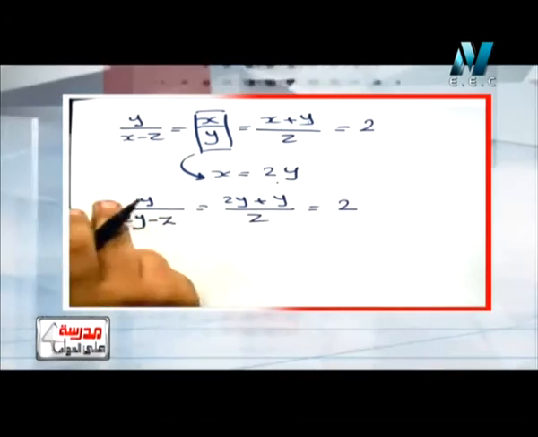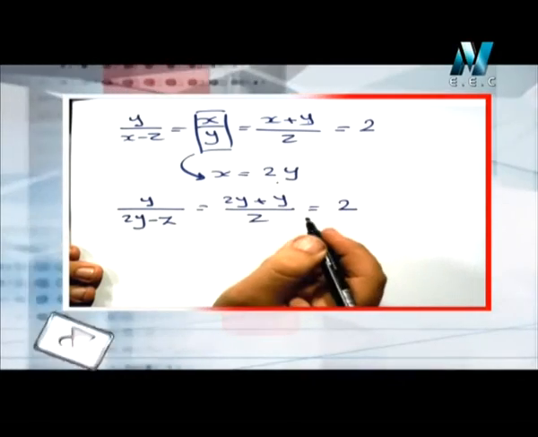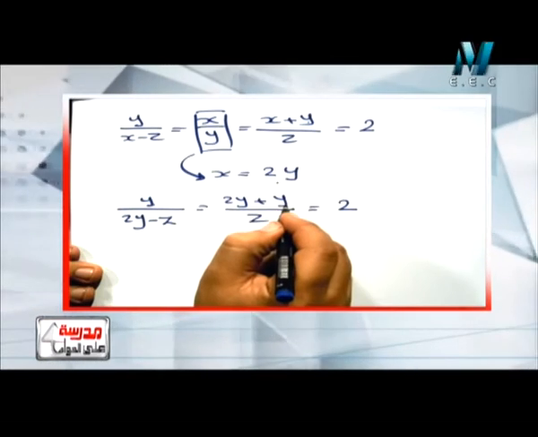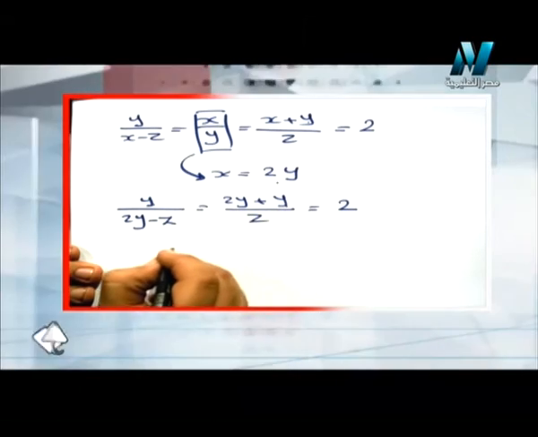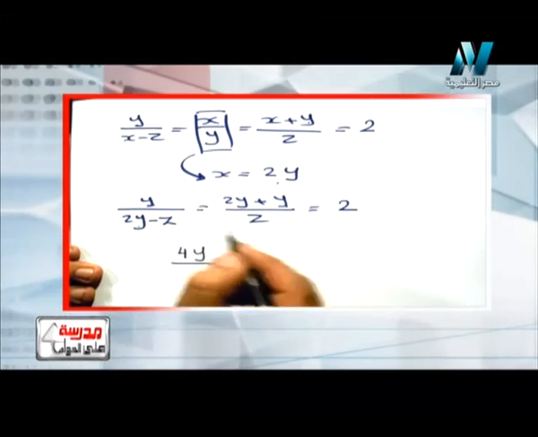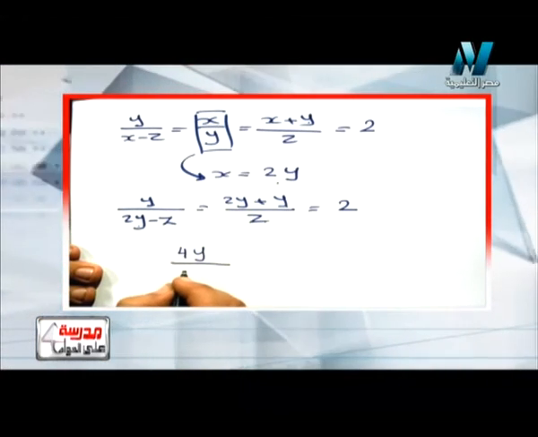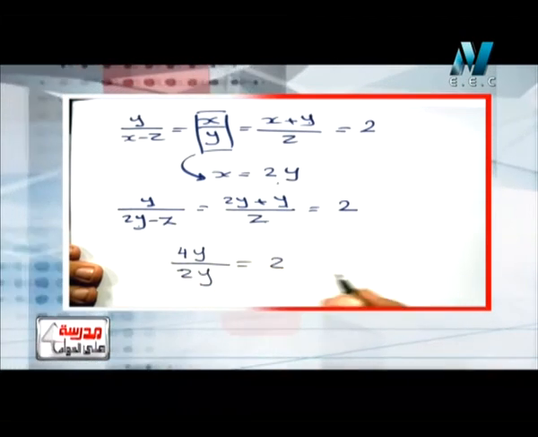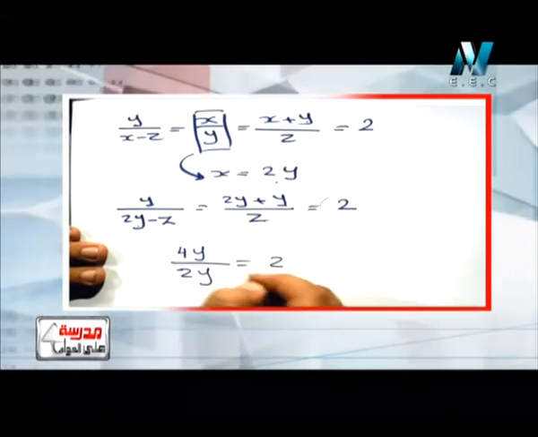And for example, if we add these ratios, we have here y plus 2y plus y, so we have 4y, and down 2y minus z, so we have 2y, and of course this will equal 2, so we got 2 as the same.